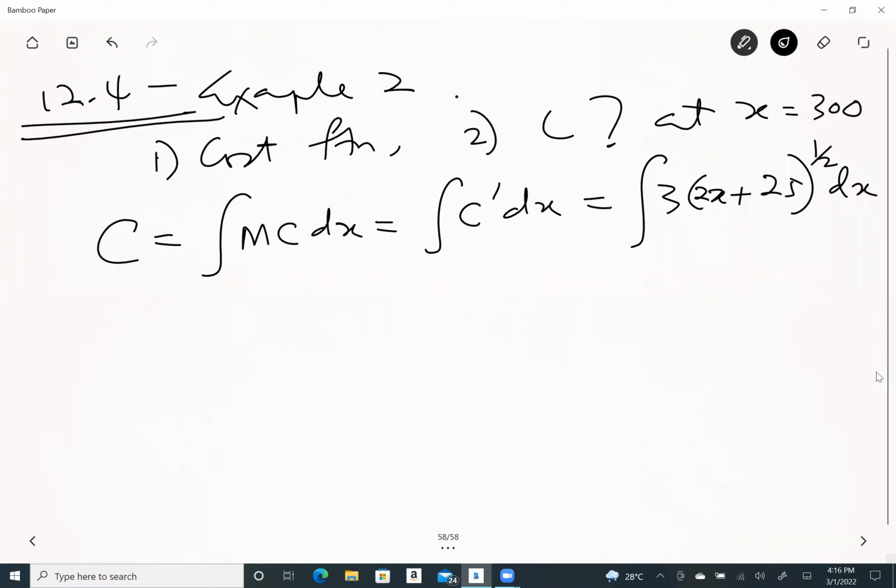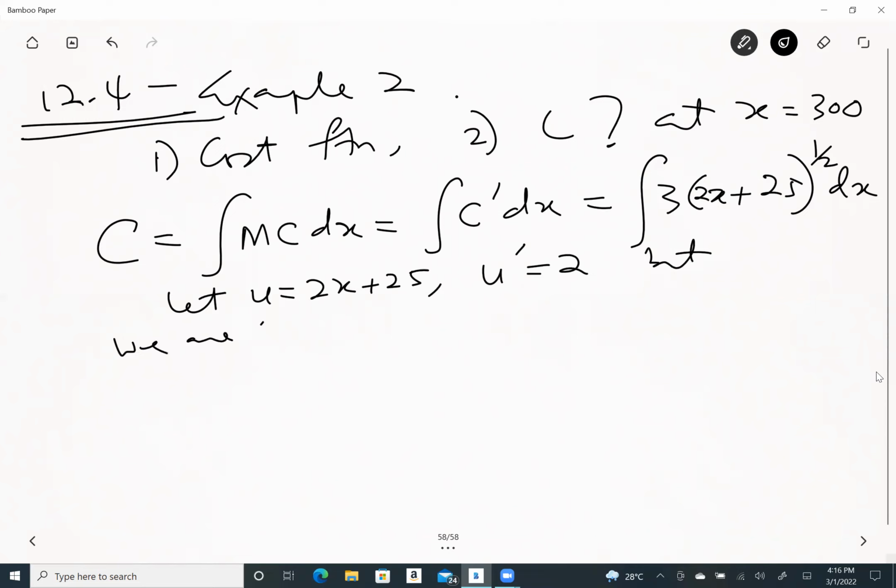So what do we do? Here you have to apply the general power rule. So you let u be equal to 2x plus 25. Now, what is u prime? U prime is 2, okay? But what do you have?